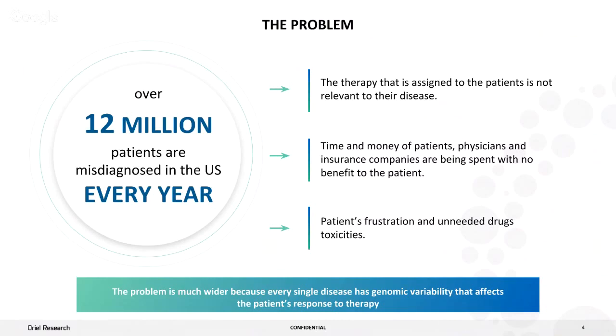Of course, this is saving money for the insurance companies, a good incentive for them to do machine learning, along with a lot of toxicity to the patient, and frustration. A patient with a disease like melanoma is considered to have a good, or correct, diagnostic. But actually, this is another misdiagnosis in the OrielResearch view, because the fact that we gave it a name doesn't give us a good medicine that we can prescribe to the patient or that is going to be beneficial to him.